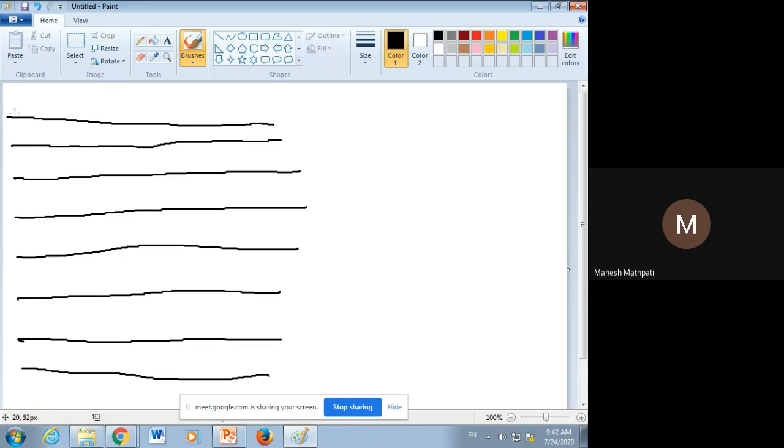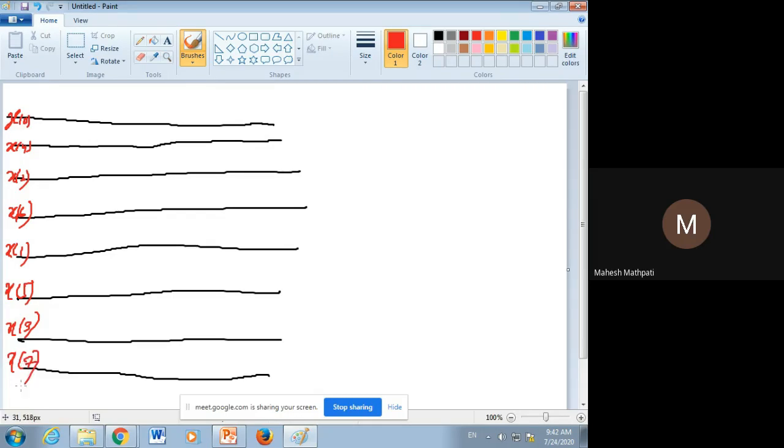So here we are writing the inputs: X of 0, X of 4, X of 2, X of 6, X of 1, X of 5, X of 3, and what is the last value?